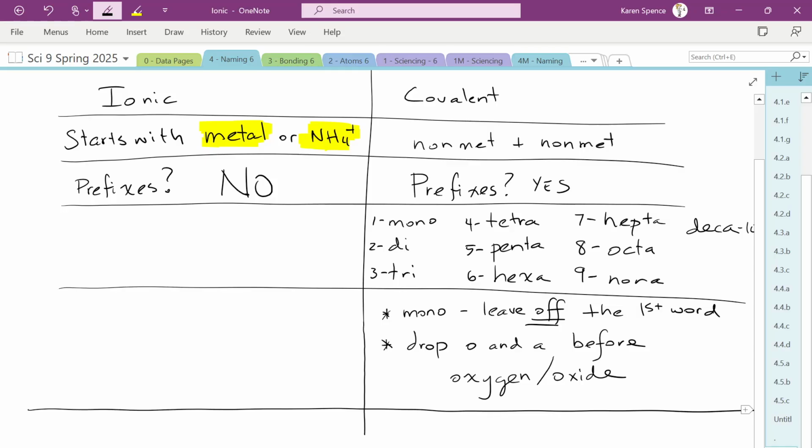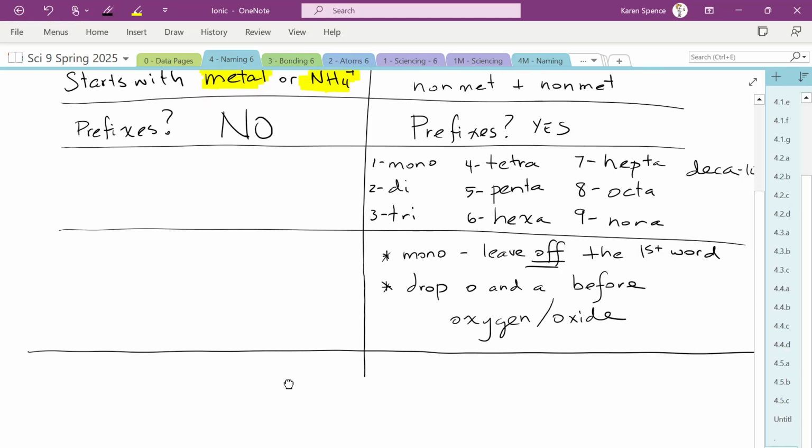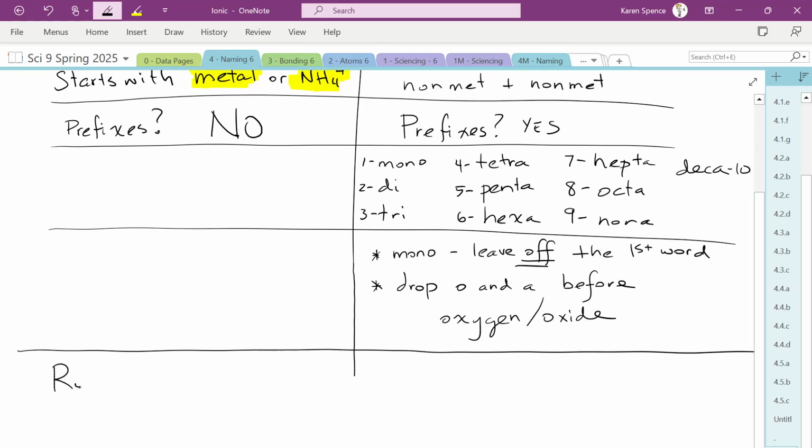Roman numerals. Do we use the Roman numerals with ionic compounds? Yes, but only if it's in the red zone.